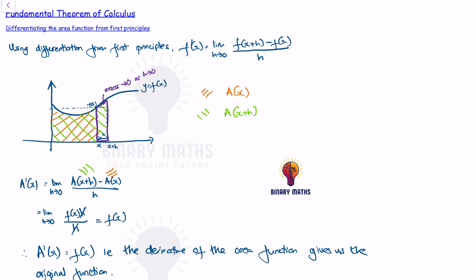Therefore, the antiderivative of f of x gives you the area function, which is the area under the curve. So the antiderivative of f of x gives you the area function, and that's the main takeaway from here.